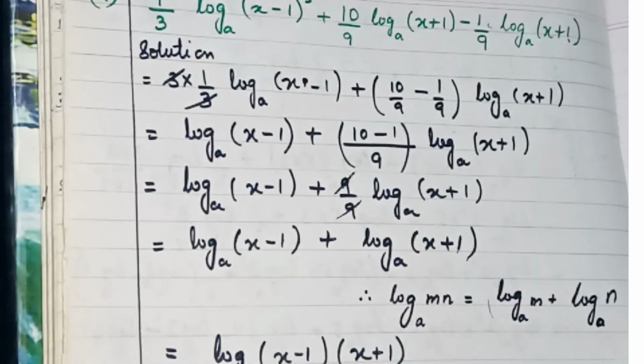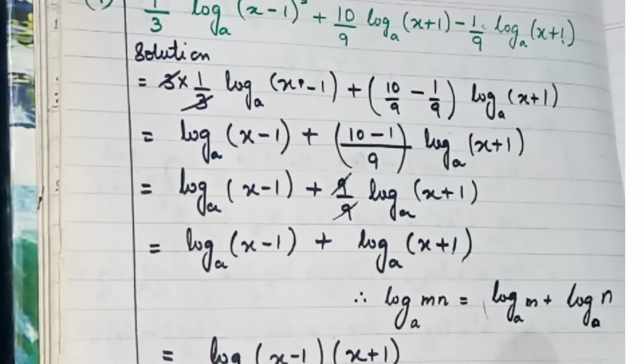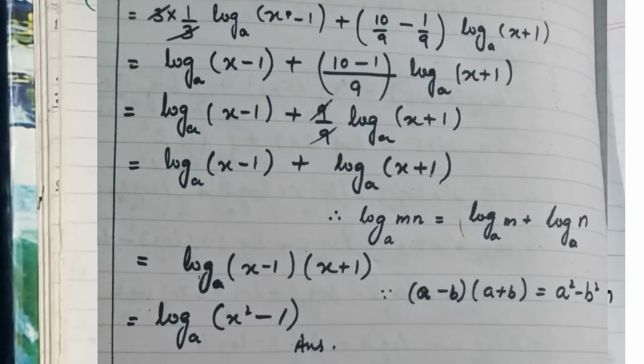Okay, so I am writing it like log of mn. Okay, a minus b into a plus b, what will it be? It is a square minus b square, so we can write it like log of x square minus 1 square, which is 1. So this is your answer. It has been simplified into a single term.